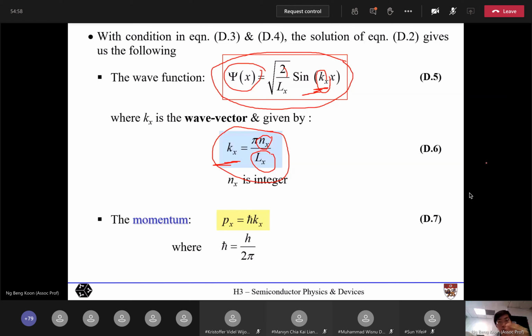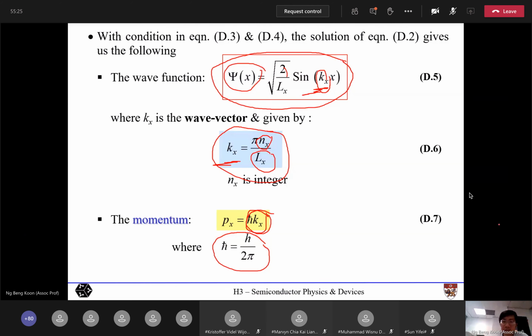So there are actually multiple solutions, or multiple behaviors of the electron. In this case, the momentum of the electron is described by h bar k. That's the definition of momentum in a quantum mechanical sense, where h bar is the reduced Planck constant, h over 2 pi, which I mentioned before. So that's the momentum of your electron.